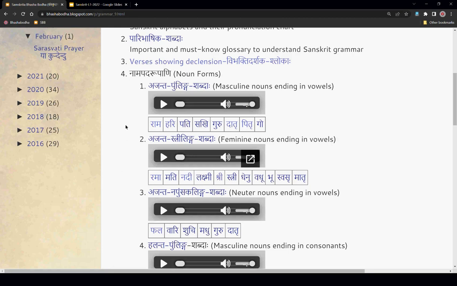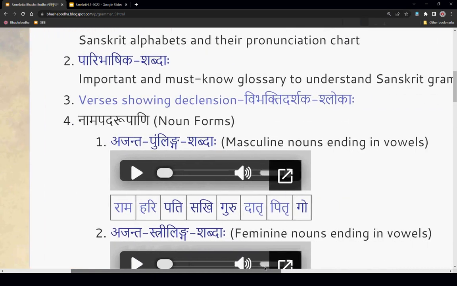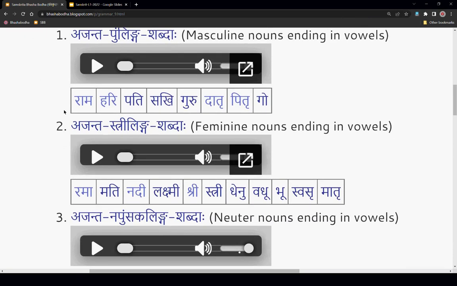Now that Pratipadikam, which is given here, is identified by its characters, by the sound in which it is ending. For example, here Rama is given. Rama is the Pratipadikam or the base word for the noun forms of Rama.